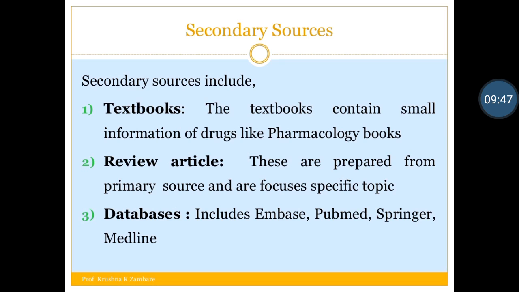We can view, review or read the data; otherwise you cannot go through the particular data. That is the database. This is a type of international-level journal. These are very important sources of references: Embase, PubMed, Springer, Medline and ScienceDirect.